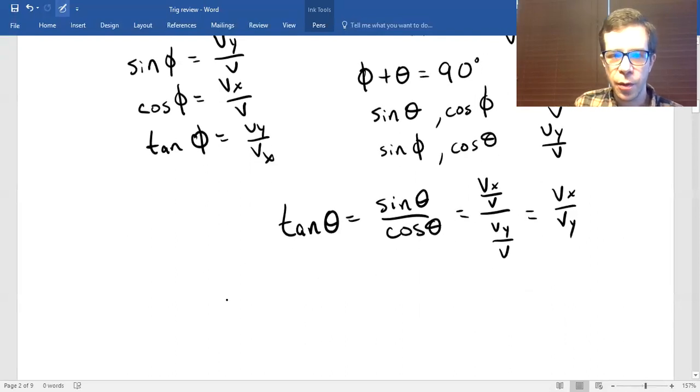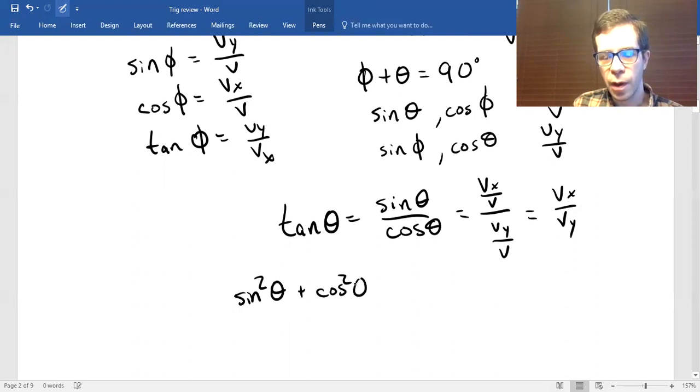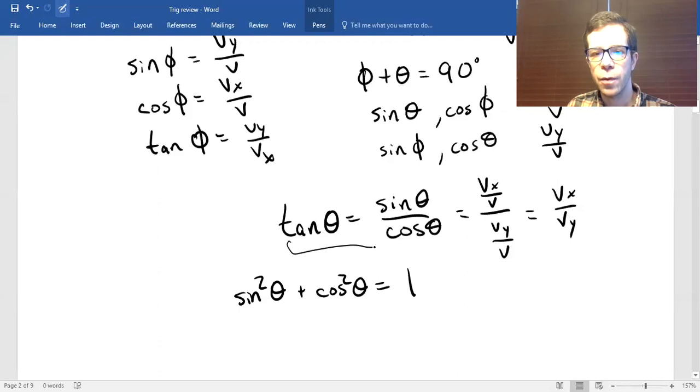From the Pythagorean theorem, we know that sine squared theta plus cosine squared theta is equal to 1. And as far as an introductory physics class goes, this should be as much trig as you're probably going to use. This comes in useful solving systems of equations sometimes, so does this.